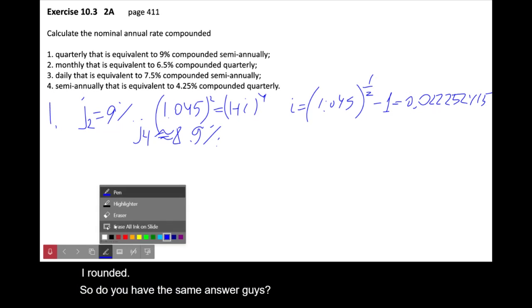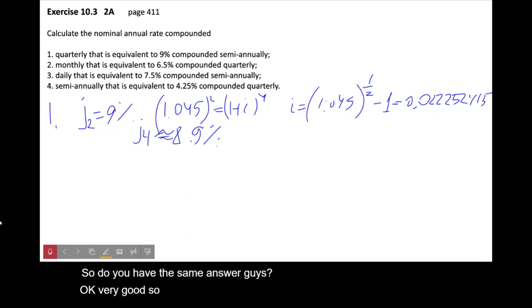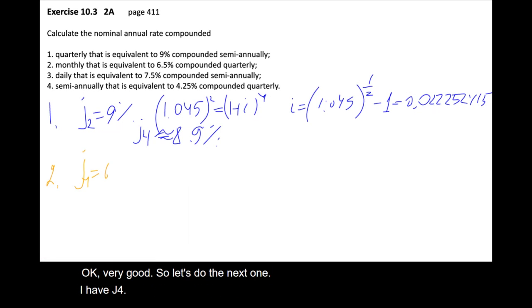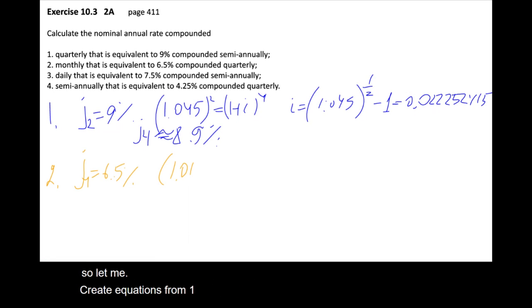Okay, very good. So let's do the next one. I have J4 6.5%. So let me create the equation. 1.01625 exponent 4 equals 1 plus I exponent 12.